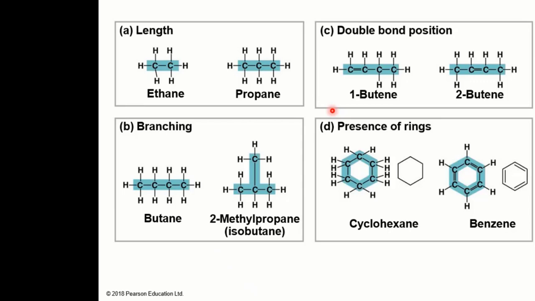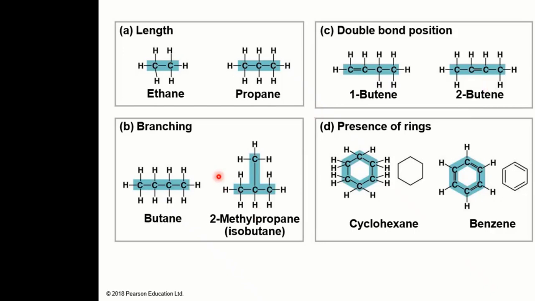So you can see here that in terms of the length, there's a difference. This one is between ethane and propane, which, if you did a little bit of chemistry in high school, you will remember. They were talking about the bonds and the length and the double bond position. You can see here the butene, and 2-butene: it's in the first position, and this one is in the second position.